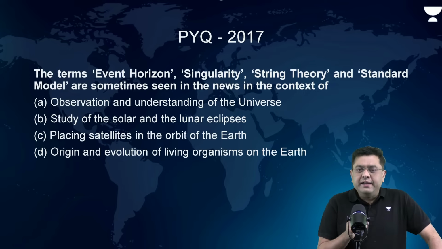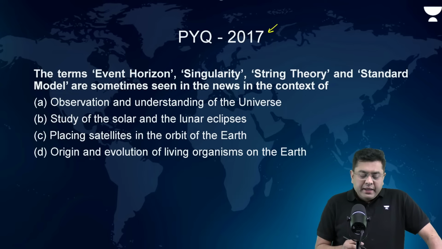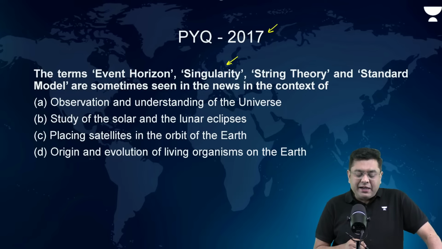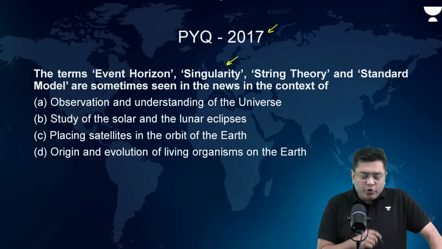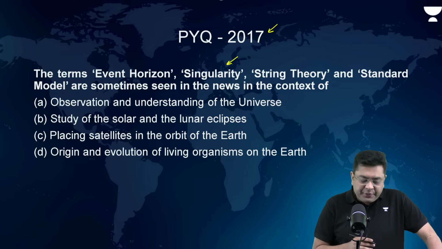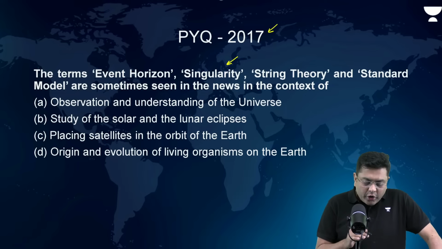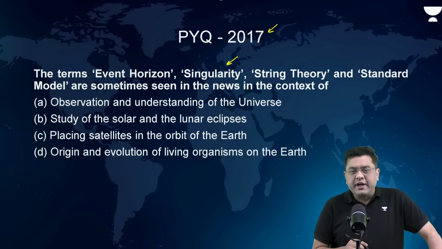Now, another question which was asked in 2017. The terms event horizon, singularity, string theory, and standard model are sometimes seen in the news in the context of what? Observation and understanding of the universe, study of the solar and the lunar eclipses, placing satellites in the orbit of the Earth, origin and evolution of living organisms on planet Earth.